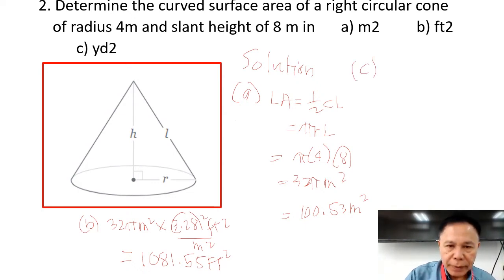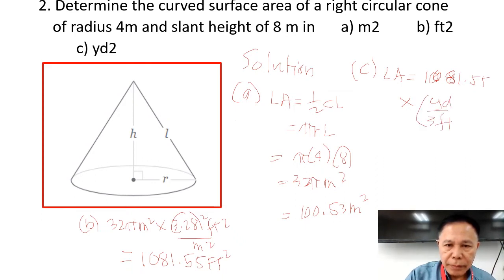For letter C, convert that one. So LA equals 1081.55 times 1 yard over 3 feet.